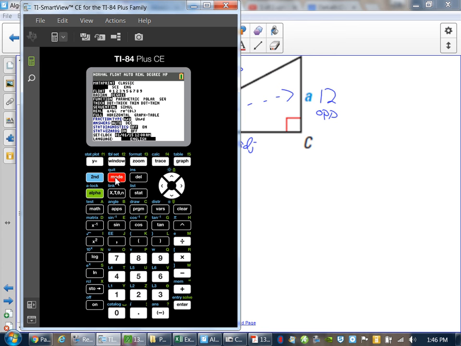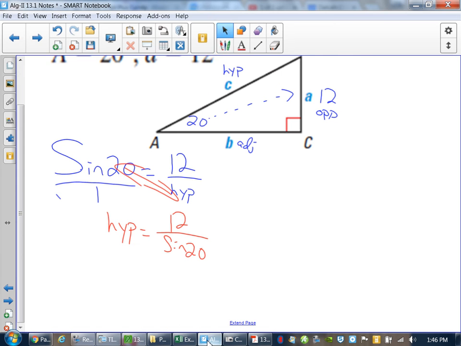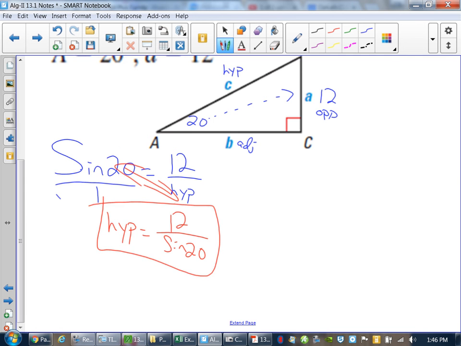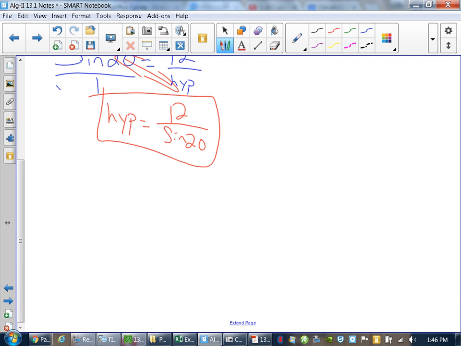Also, one little thing I always want you to do with this trig stuff: show me what you're going to put in your calculator before you put it in. If you write down what you're going to do, you know what you're doing.